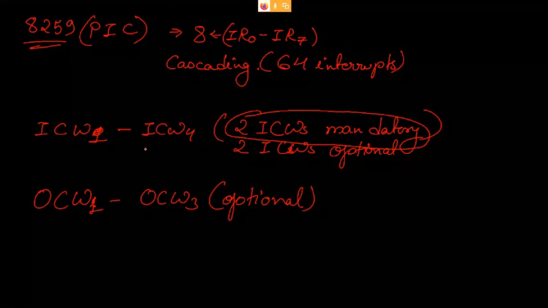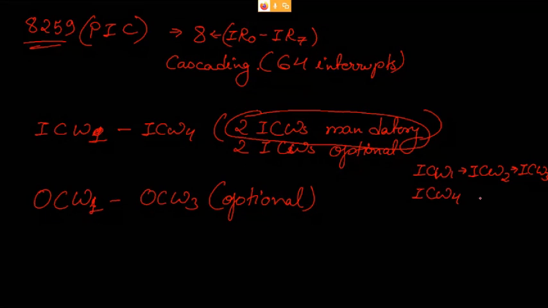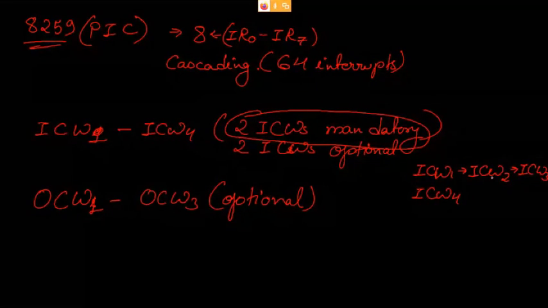The sequence of ICWs should always be like this: ICW1, then ICW2 should follow ICW1, ICW3 should follow ICW2, and at the end ICW4. You cannot start with anything other than ICW1, it is not allowed.